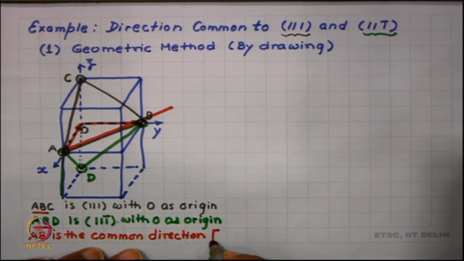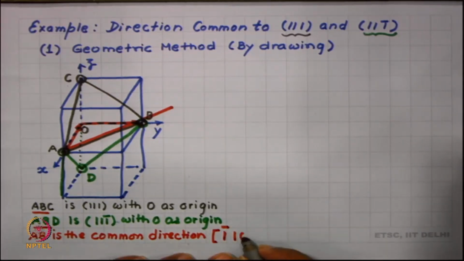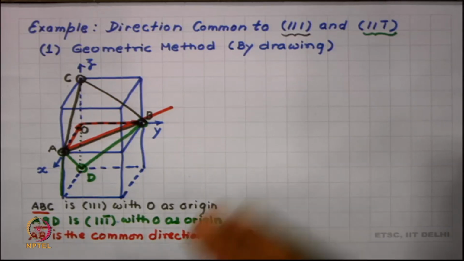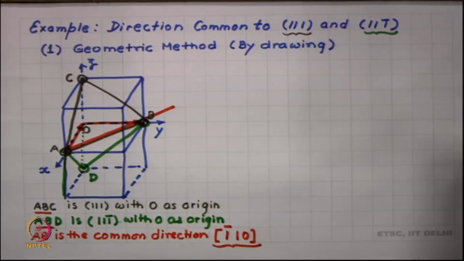So, just by observation and drawing, I can find the common direction as bar 1 1 0. So, I have solved the problem of finding the common direction to these two planes by actually drawing.